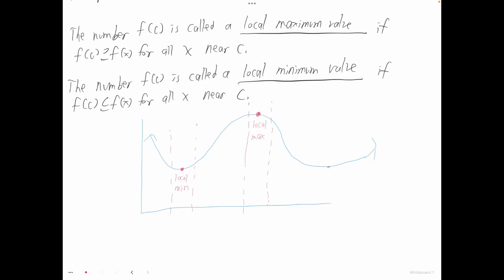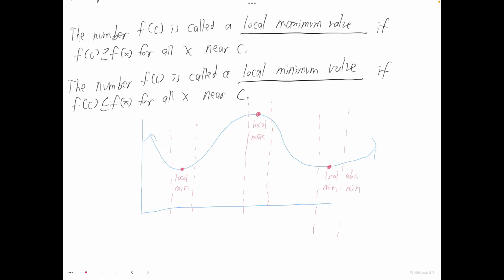And then down here, it can be a little hard to tell, but I intentionally tried to draw this a little bit lower than everything else. So this is a local min, because it's the smallest thing around, but it's also smaller than everything else, and because of that, this is also going to be an absolute min.